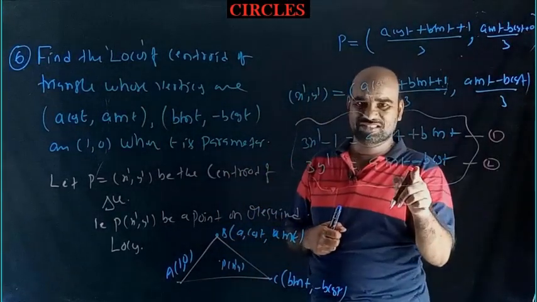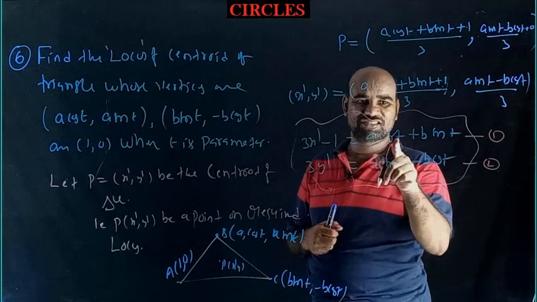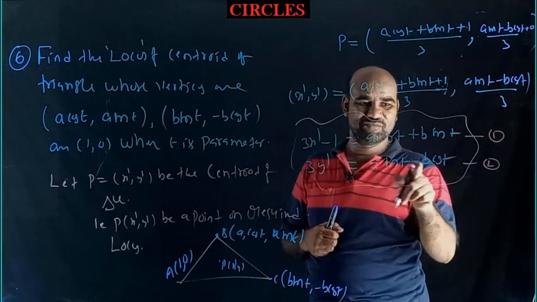Here plus and minus: a cos t + b sin t, and a sin t - b cos t.